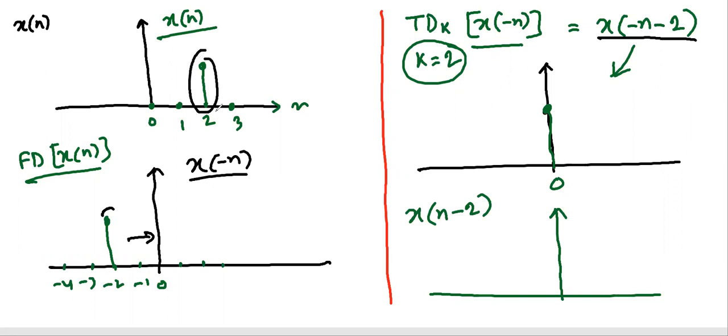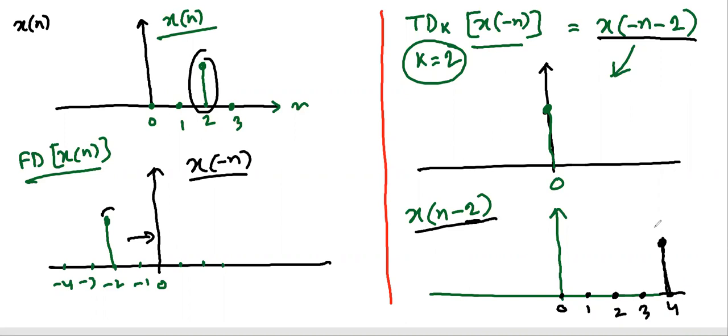It was at the location of 2, and again it will be shifted by 2. So it will be like 0, 1, 2, 3, let's say 4. At the location of 4, this sample will be shifted. So I have already drawn x[n-2].